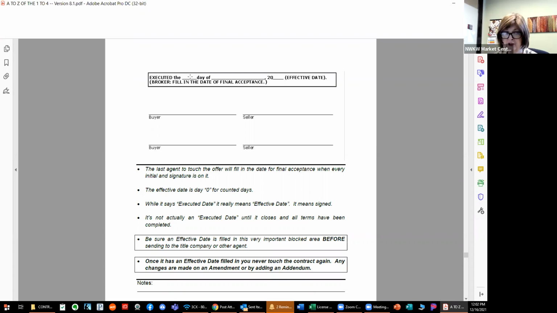It's very important to do. Do not send it to title without something filled in that blank. And it should be something that both sides agree on is the right thing to put in there.